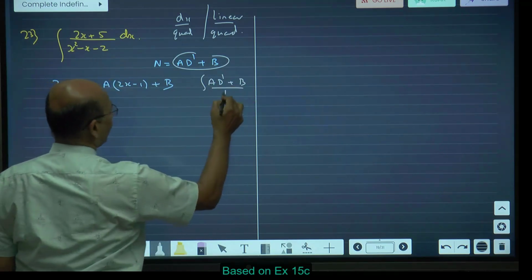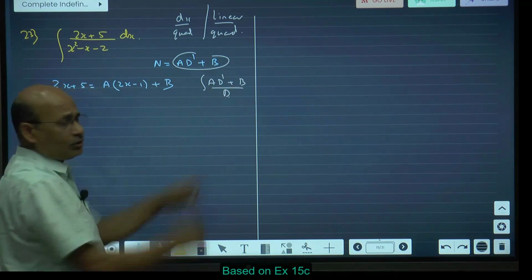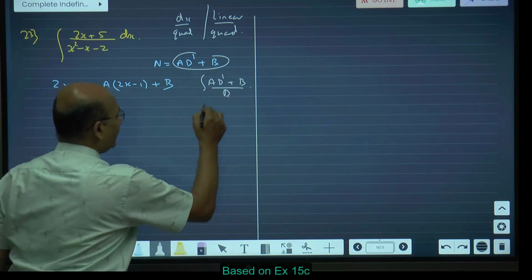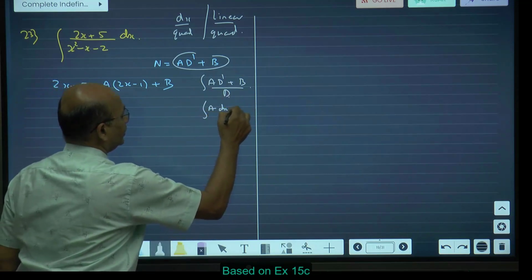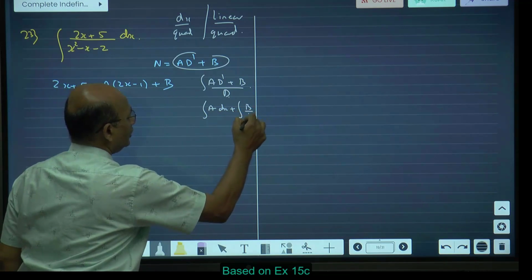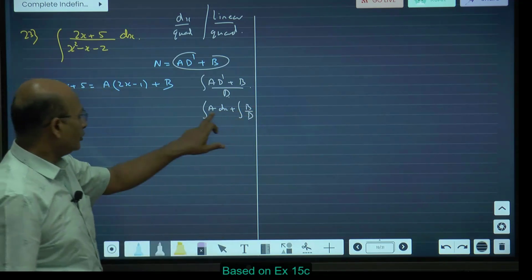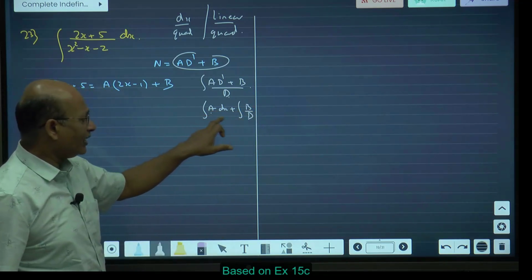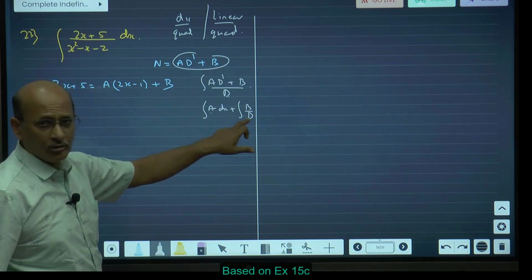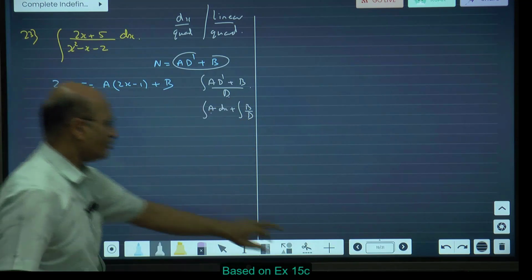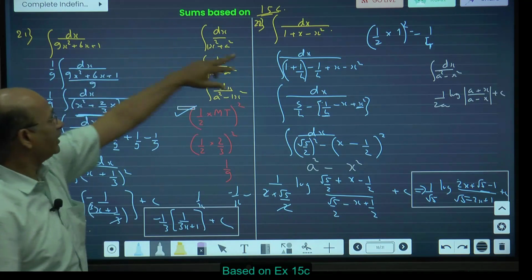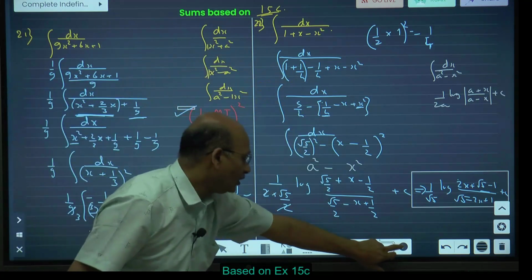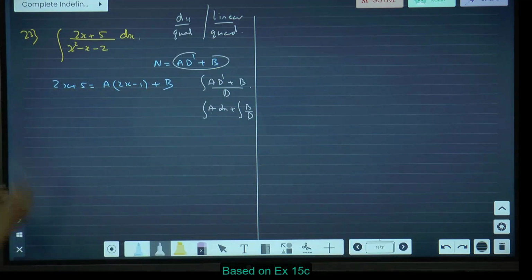Upon this denominator you write it down and then give this denominator to both of them. So what will happen? This will become a times derivative upon denominator plus b upon denominator. So this is easy, the first part is easy. Then the denominator is quadratic. So dx upon quadratic. Just now you saw how to deal with dx upon quadratic format, right? So the same way.